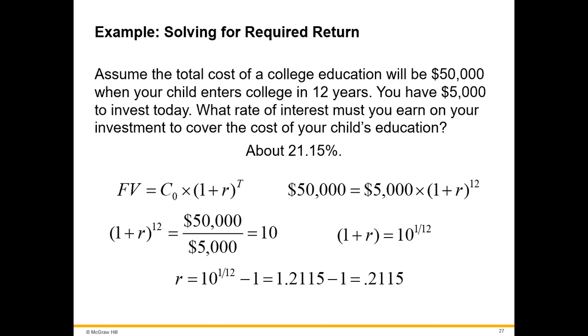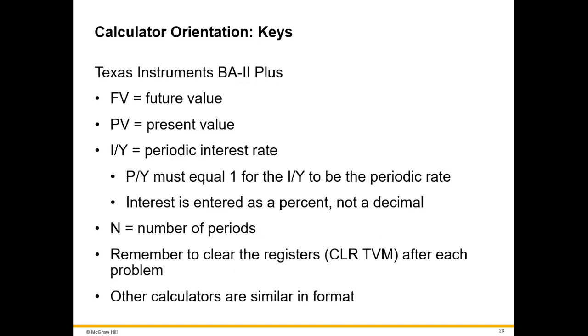21.15%. So we saw solving for present value, future value, for number of periods, and for rate. Now, if you're using the Texas Instruments calculator, again, if you have one that's not Texas Instruments, or you're not finding these keys we're talking about, you need to consult your own instructions or Google it.